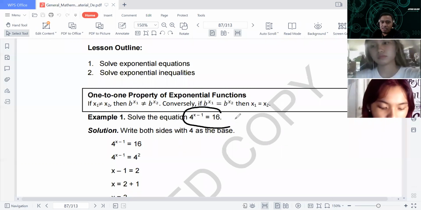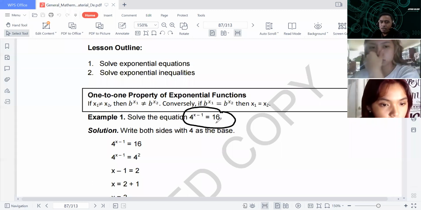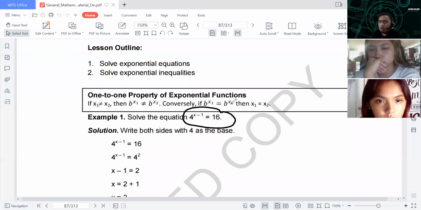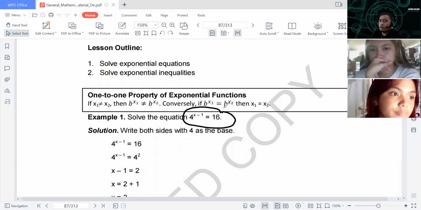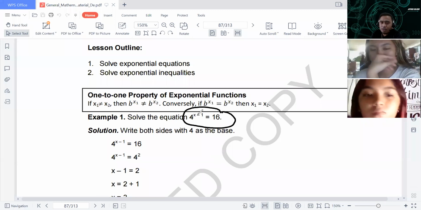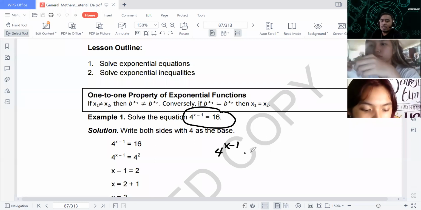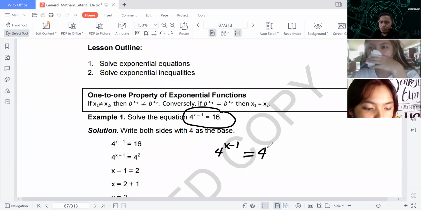This one is an example of an exponential equation, right? So how to solve this? As I have said here, you should rewrite them in a way that their bases will be the same. We all know that 4 to the x minus 1 stays, and the 16 can also be written in the base of 4, right? 4 squared is just 16.